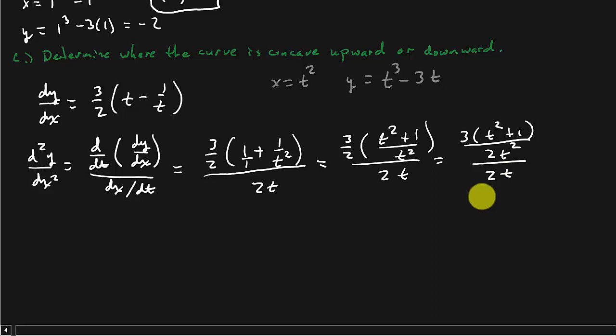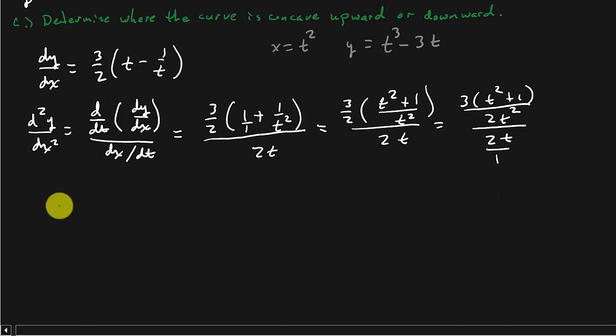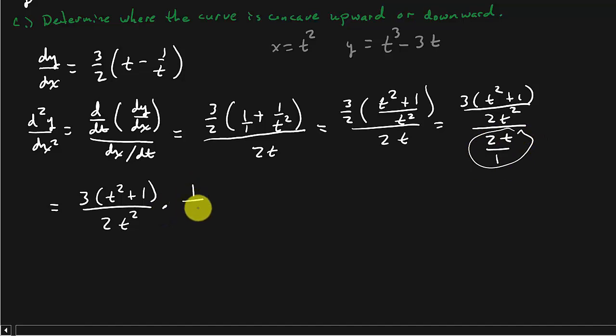Now remember, this is over 1, so this is going to be 3 times t squared plus 1 over 2t squared, times the reciprocal of this, 1 over 2t, which is going to be 3 times t squared plus 1 over 4t cubed.